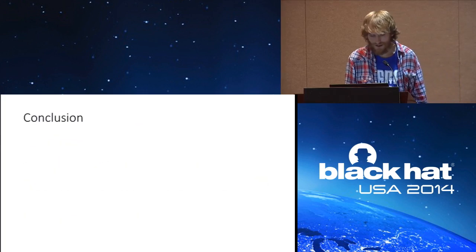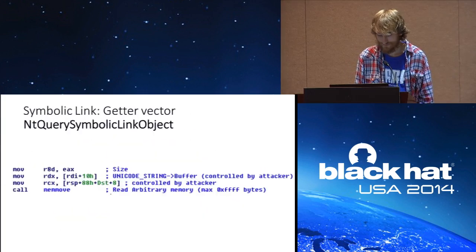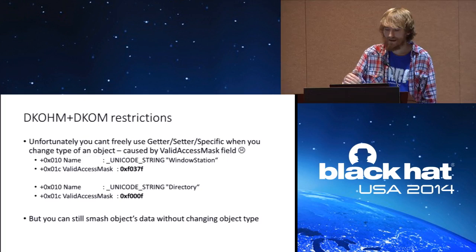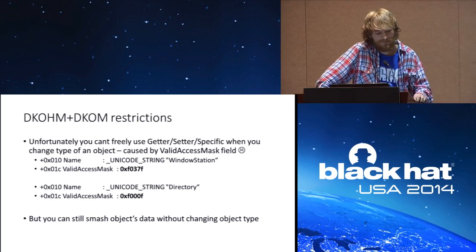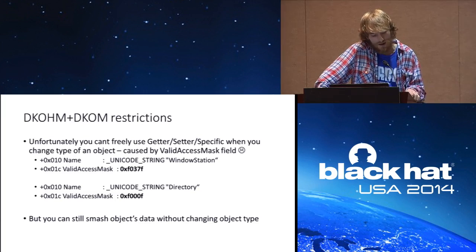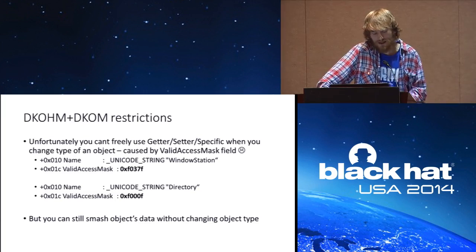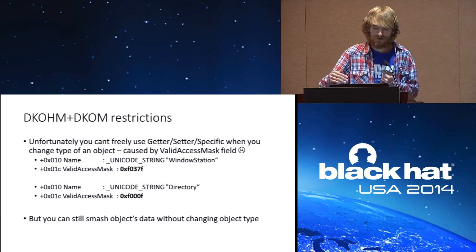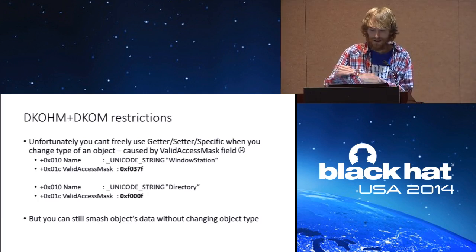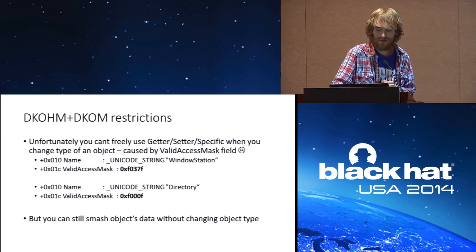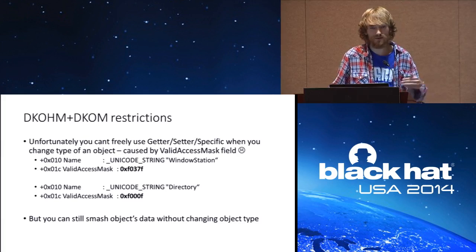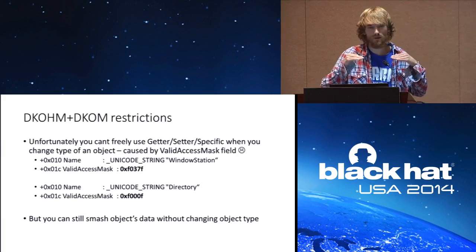Basically, when you use getter and setter, there is code in the kernel that passes a pointer to the object type. If you smash the object, the kernel will check whether it's a valid access mask for that object, but since it was smashed, they will not be equal.